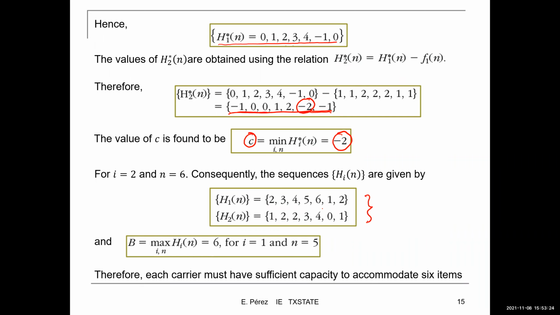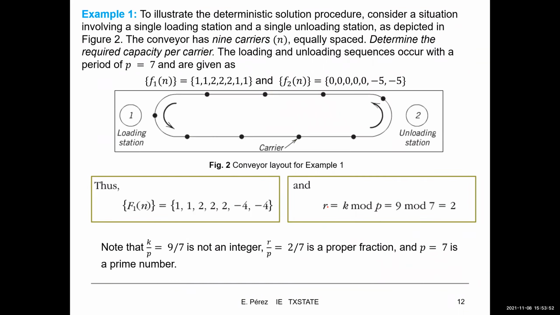And then the last step is to find the maximum among this set. For this set? Yeah, sure. So what I'm subtracting in order to get those, that's a good question.